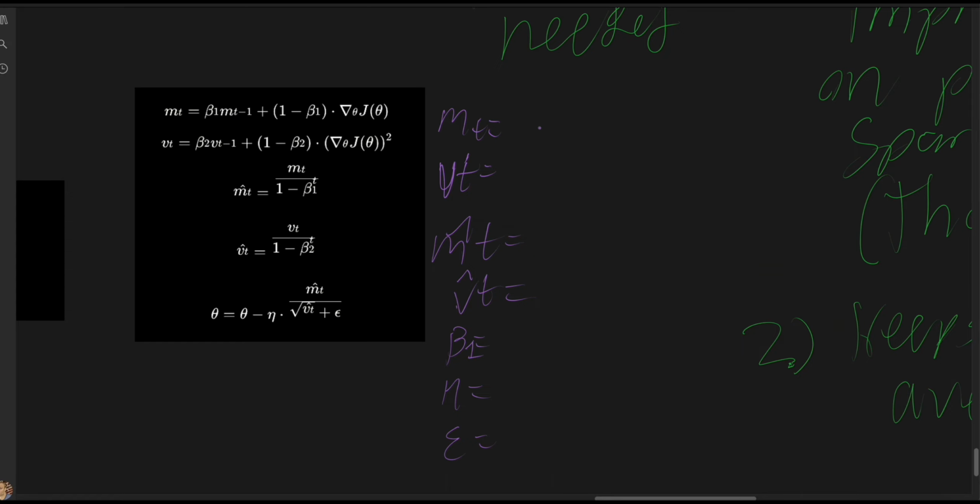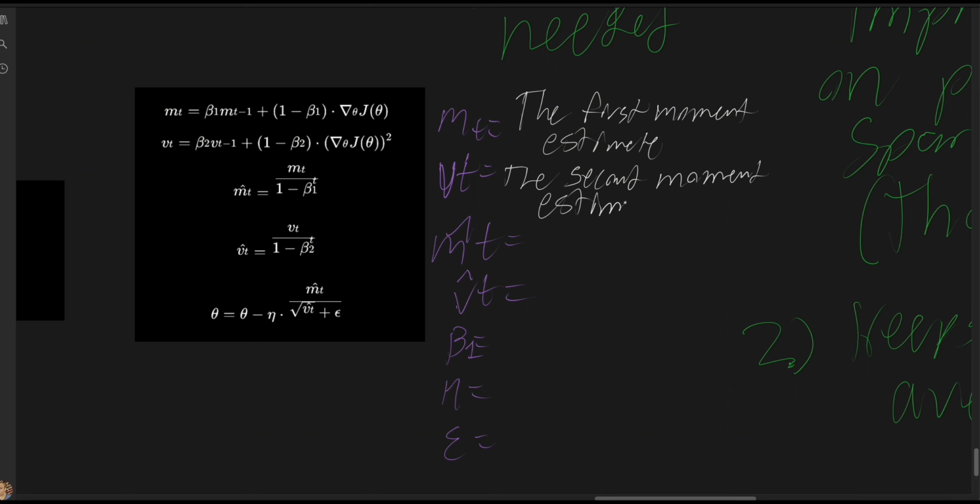So m of t represents the first moment estimate. v of t represents the second moment estimate. m-hat t represents the bias corrected first moment estimate, and v-hat t the bias corrected second moment estimate.